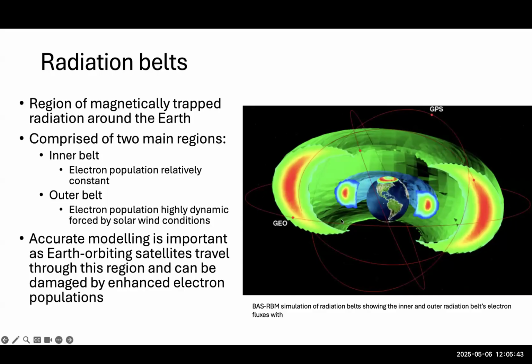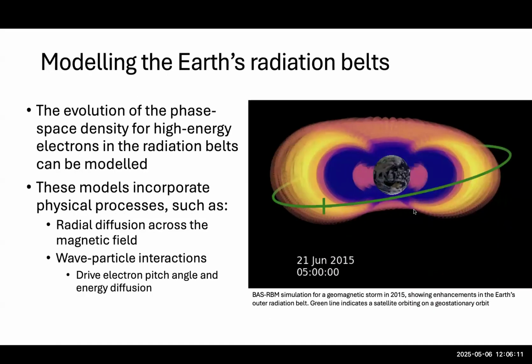It's where geostationary and GPS satellites tend to orbit through, so it's important that we model this accurately, because these satellites can be damaged through charging, etc., by enhancements in the radiation belt.